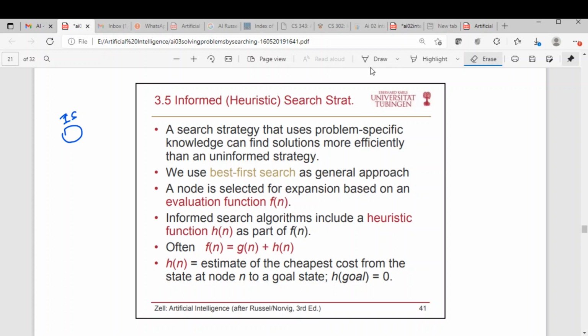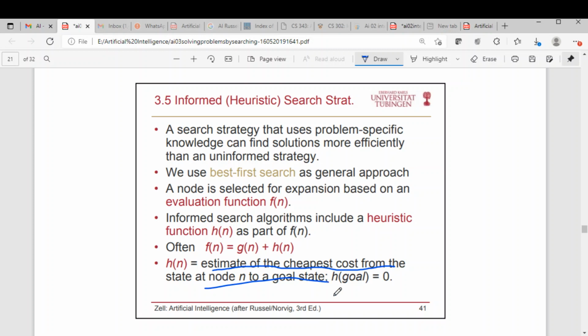So what is heuristic? Heuristic is an estimate. Actually, it is not the true value. It is an estimate of the cheapest path. What is the heuristic function? It is an estimate of the cheapest cost from the current node to the goal state.